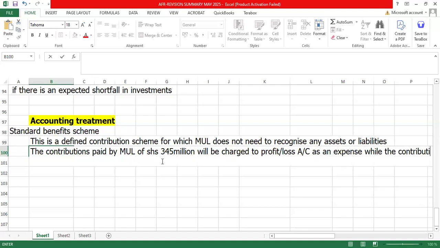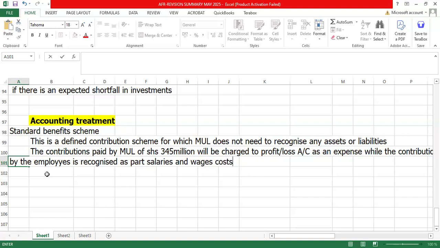While the contributions by the employee is recognized as part of salaries and wages cost, which is also recognized in the profit or loss account.